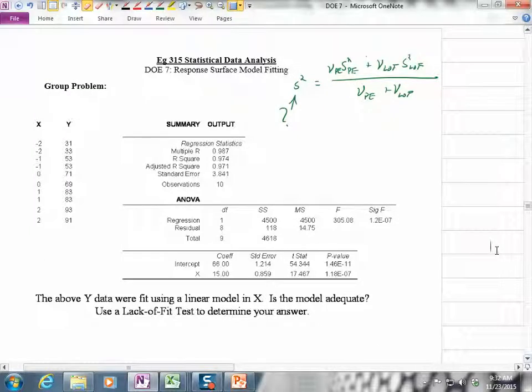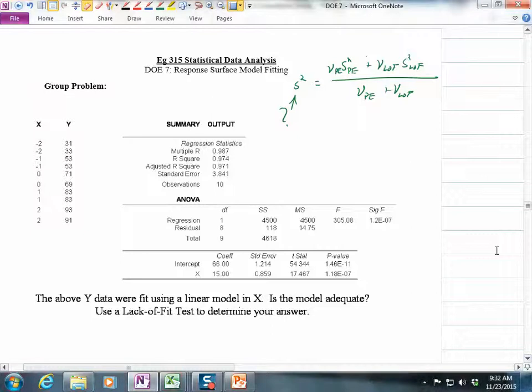There's n minus c. So you can get it several places. So then this part's done. You've got this. Then the next part is look at, okay, where do I have replicates? So they come in pairs here. You can get a variance from this pair, from this one, from this one, from this one, from this one, and pool all those together, and that's going to be your variance of all the replicates. Okay. Got it? Great.